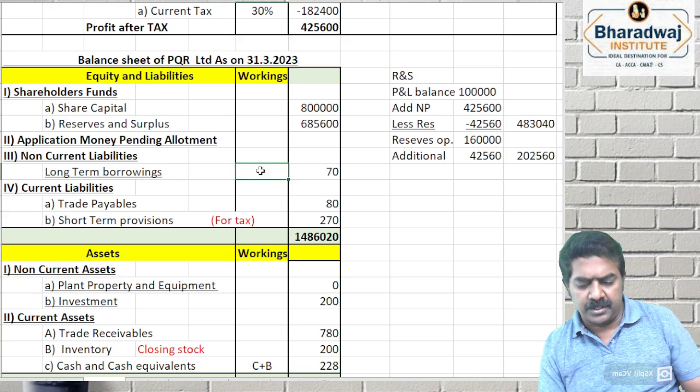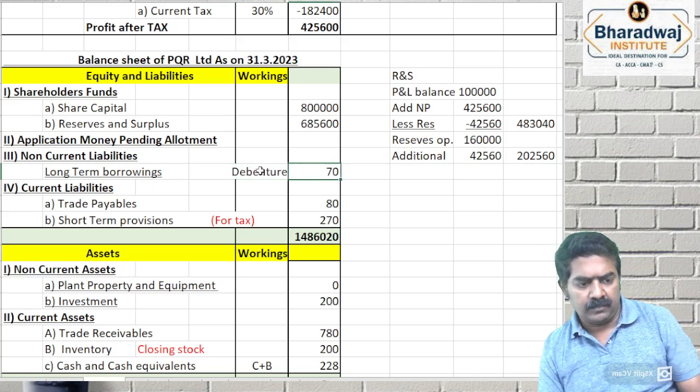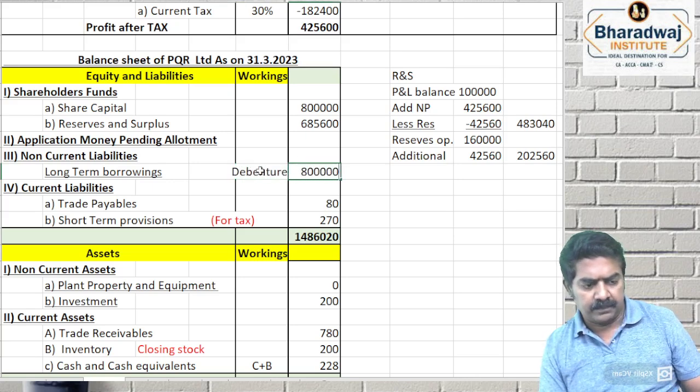Long-term borrowing and the debentures were. Debentures how much? 8 lakhs. Then any trade payables? Yes.